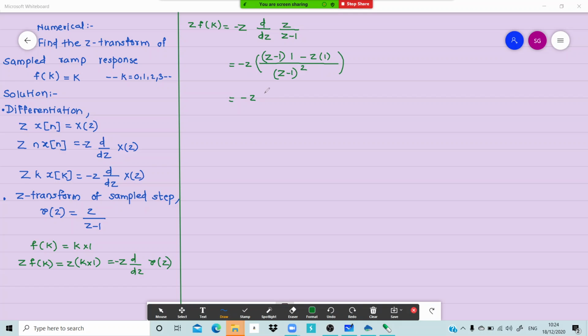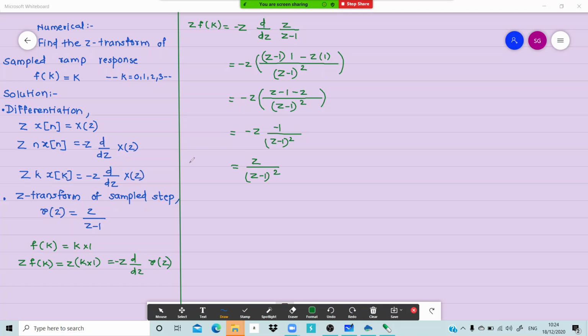Minus z times z minus 1 minus z upon z minus 1 square. So you are going to have minus z times minus 1 over z minus 1 bracket square, and that is going to be equal to z upon z minus 1 bracket square.